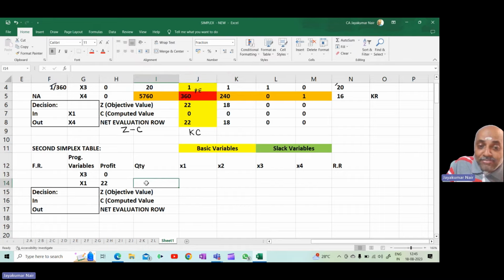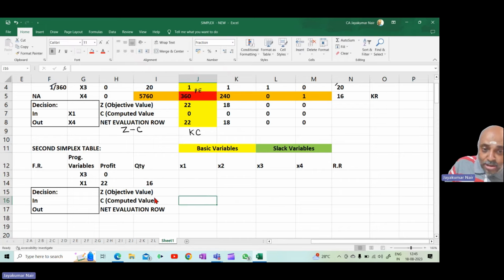Now, how do I fill up the first one? You fill up the key row. The second row is the key row. For the key row, how do you compute the value? It is the element from the previous table divided by the pivot element. The pivot element is 360.